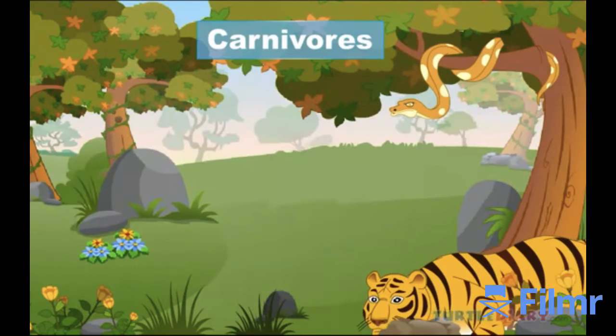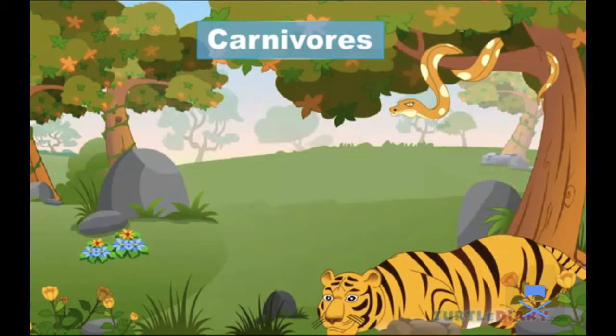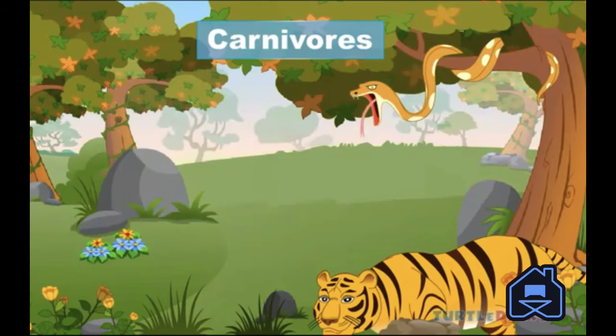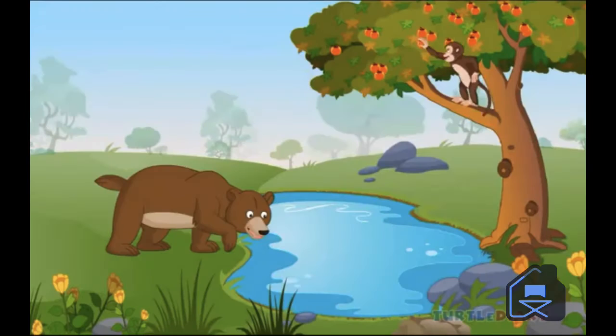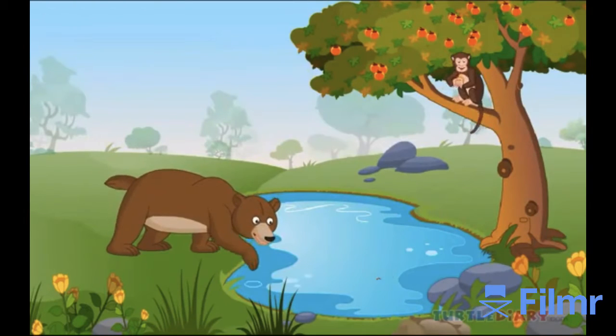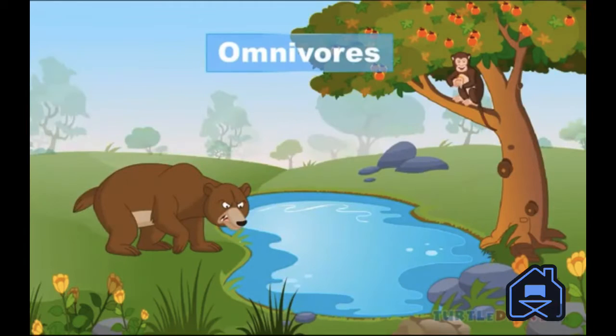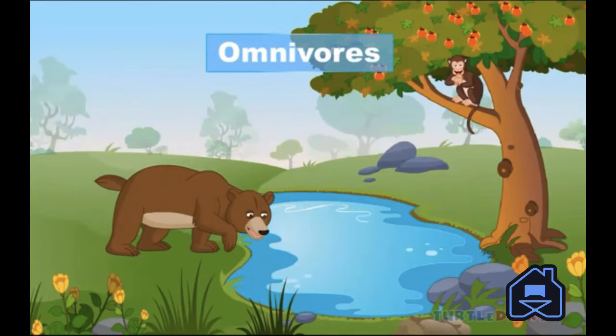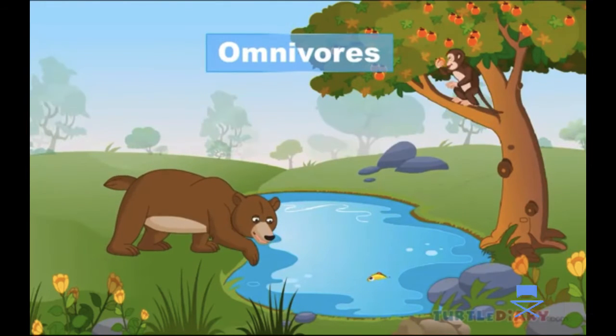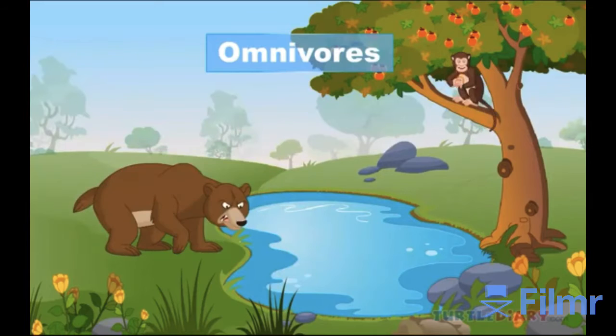For example, tigers, lions, snakes. Animals that eat both plants and animals to get energy are called omnivores. For example, monkeys and bears.